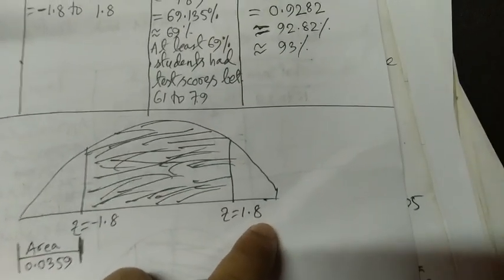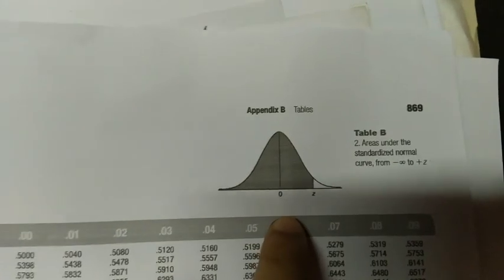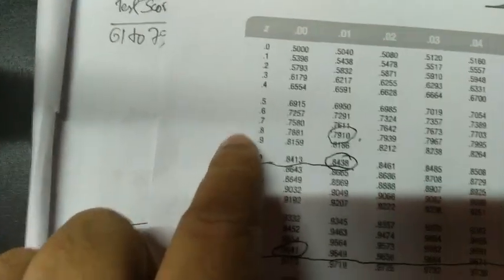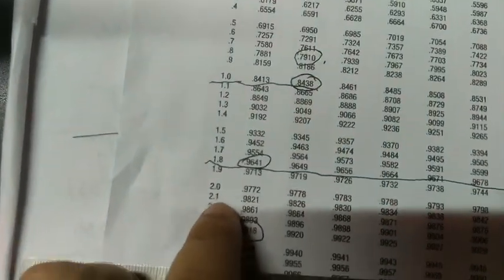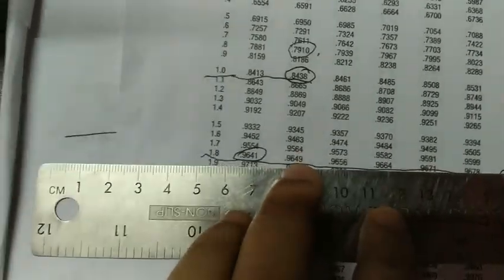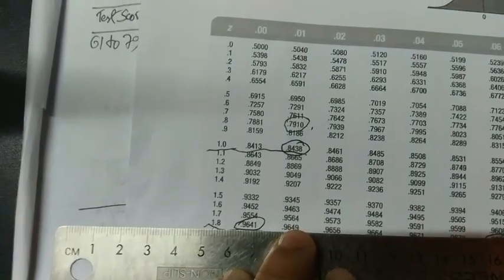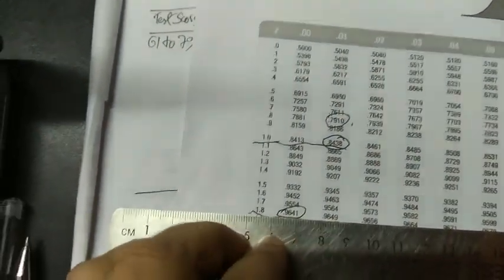Now we will look for the positive value of z. We will use this table now where the values of z are positive. You can see on the left hand side of the table, values of z are all positive. Here you need to find out the right row. In our case the value of z is 1.8.